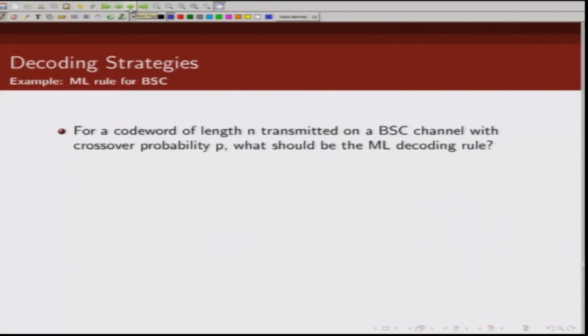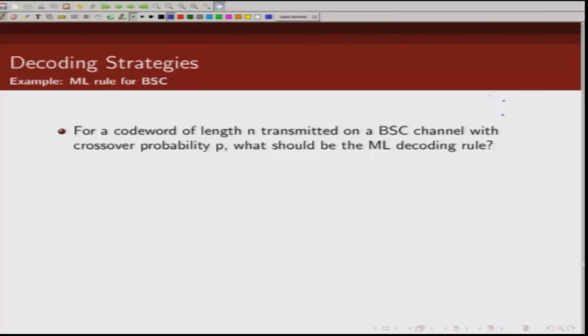Okay. So, let us take an example. We are interested in finding what would be the maximum likelihood decoding rule for a binary symmetric channel. Now, recall what a binary symmetric channel is. There are two inputs, 0 and 1, and two outputs, 0 and 1. With probability 1 minus p, I receive my bits correctly, and there is a crossover probability of p.